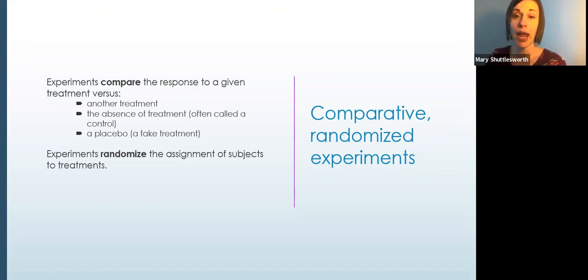So that's another way that we can help to establish cause and effect. So experiments then, on the whole, we're going to compare the response. So comparing the response to a given treatment compared to maybe another treatment, compared to no treatment at all. So a control group, right, where there is no exposure to that independent variable, or potentially to a placebo, which is a fake treatment.